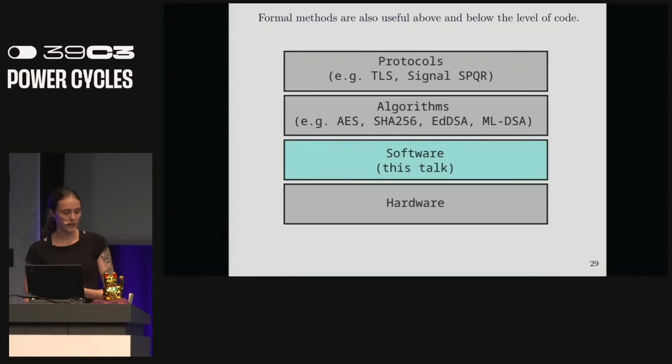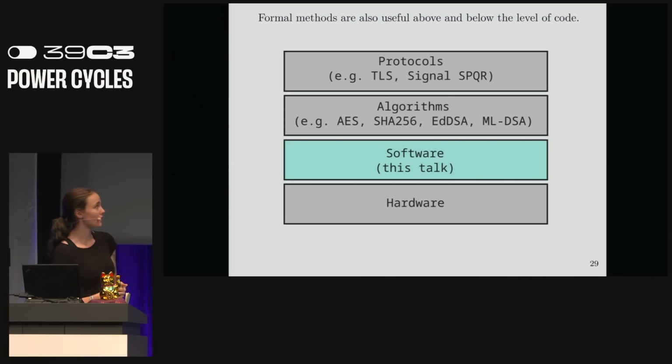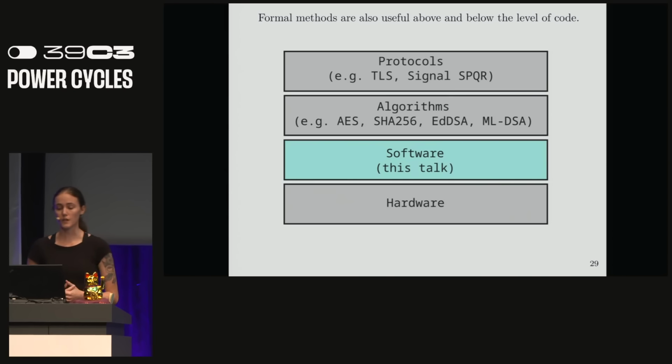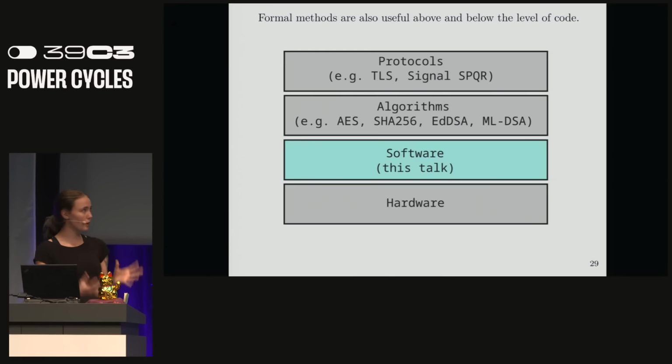So this talk has been more focused on code, but I just want to briefly make the point that these kinds of techniques can be used both above and below the level of code. So you can use them on hardware to make sure that your processor implements its instruction set correctly. You can use it for algorithms to make sure that, for example, a signature or encryption scheme fulfills some theoretical cryptography properties.